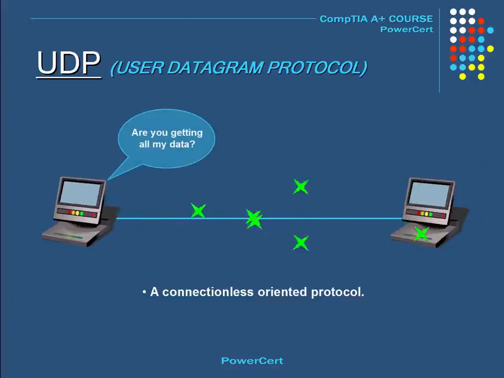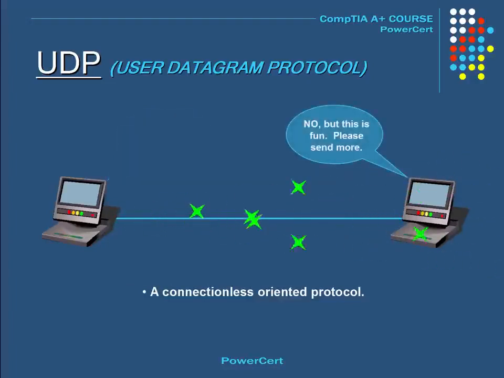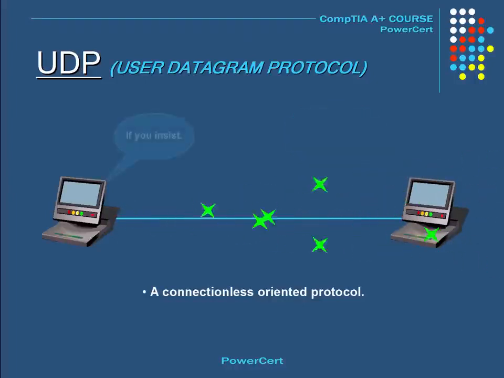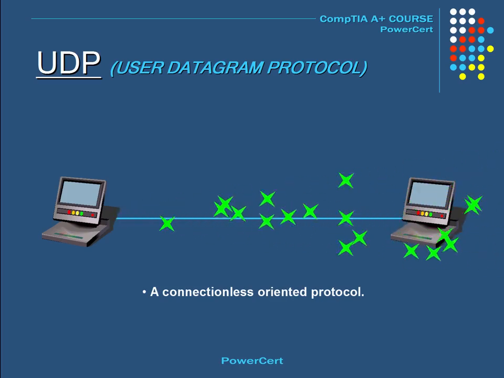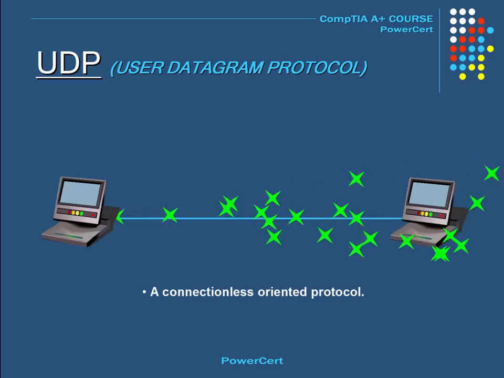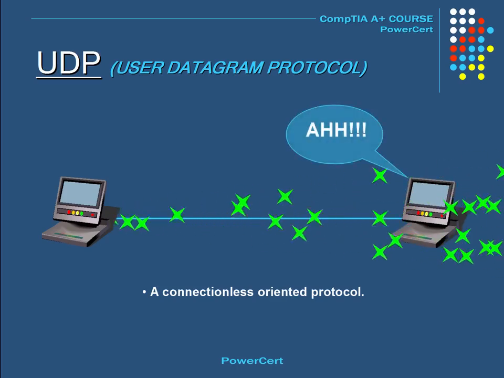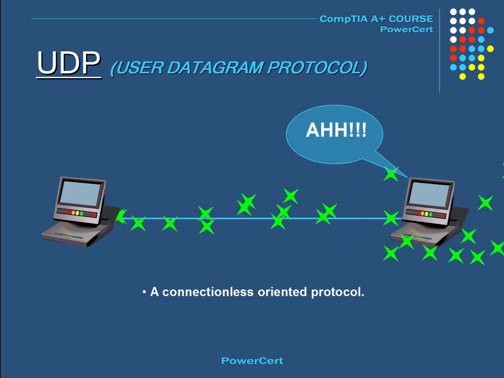And that's why UDP is known as a fire and forget protocol, because it sends data and it doesn't really care what happens to it, as this demonstration will show. Another point to remember is that because of the less overhead that's involved of not guaranteeing data delivery, UDP is faster than TCP.